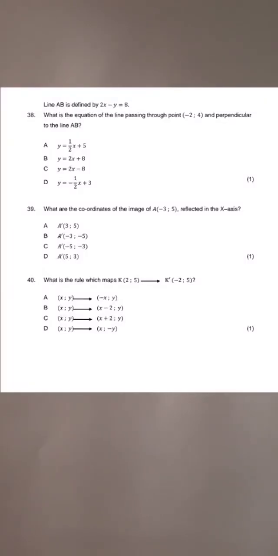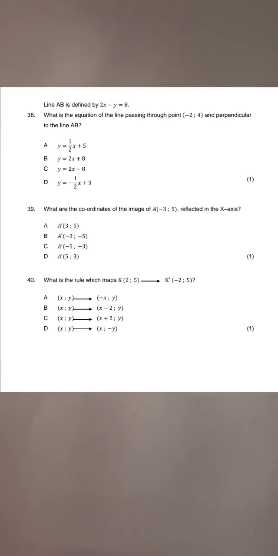When you look at K, which is (2, 5), and you look at the transformation that happened, the image K' has an x value of -2, whereas it was initially 2, and the y value is 5. Initially it was 5, it has still remained 5.